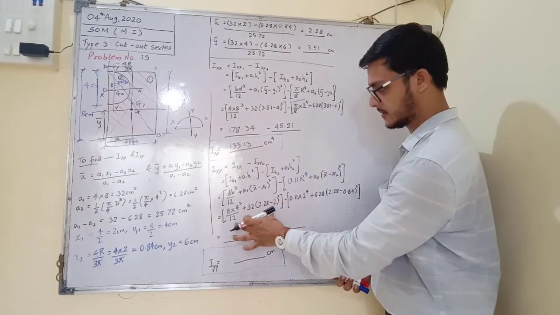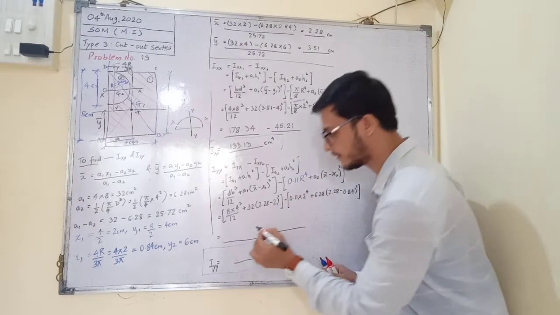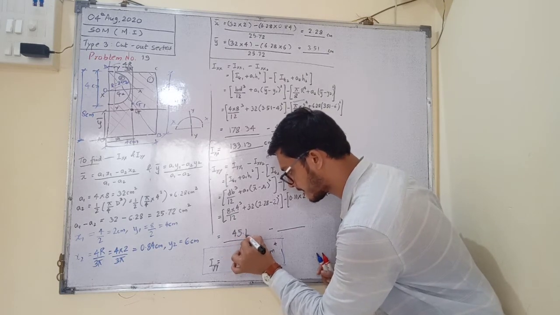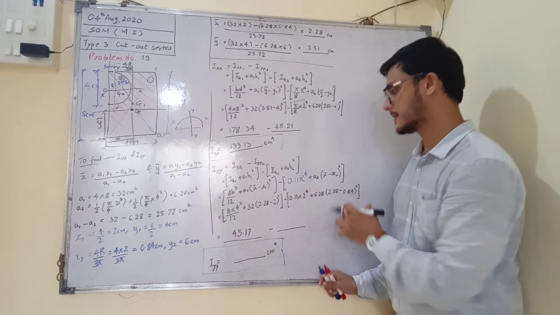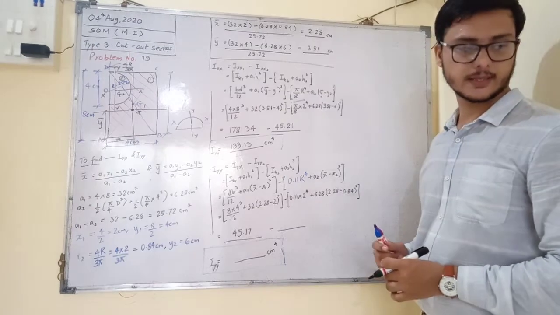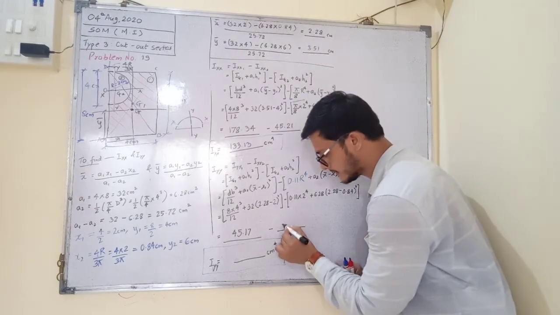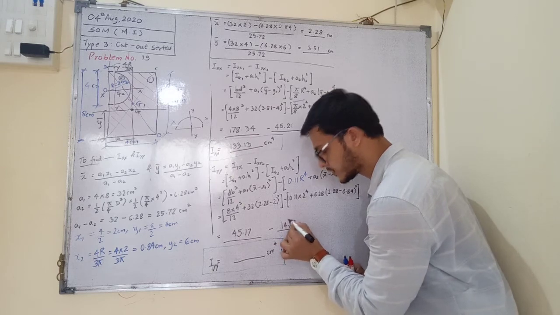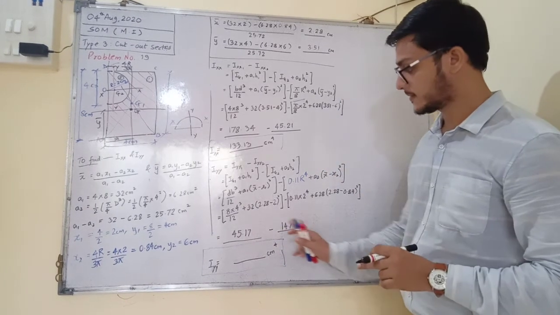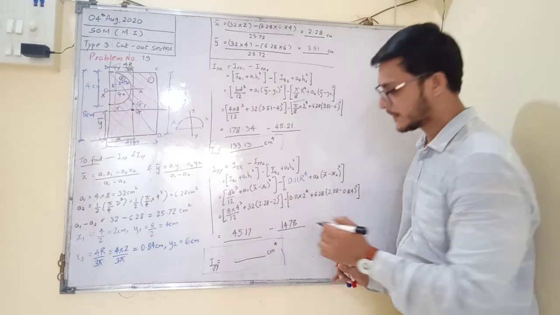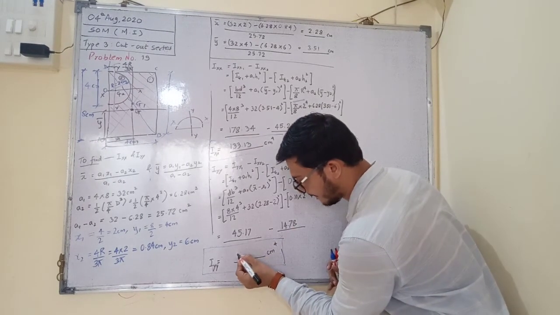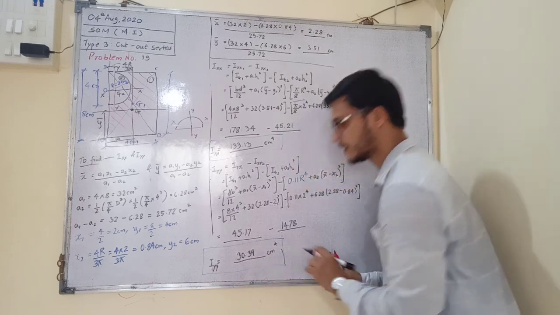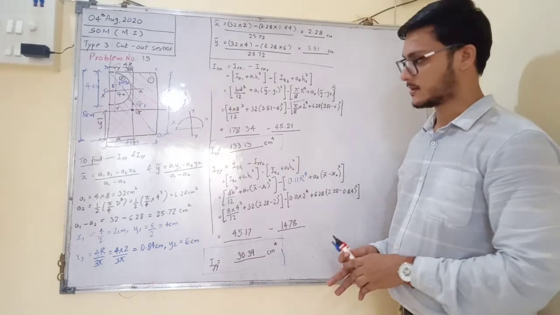On solving the second square bracket for the semicircle, the answer I am getting is 14.78. So now you have to subtract these two values. On subtracting, I am getting 30.39 centimeter raised to 4, which is the final answer.